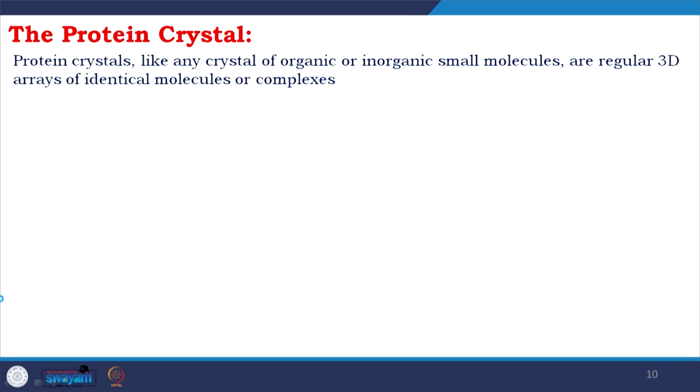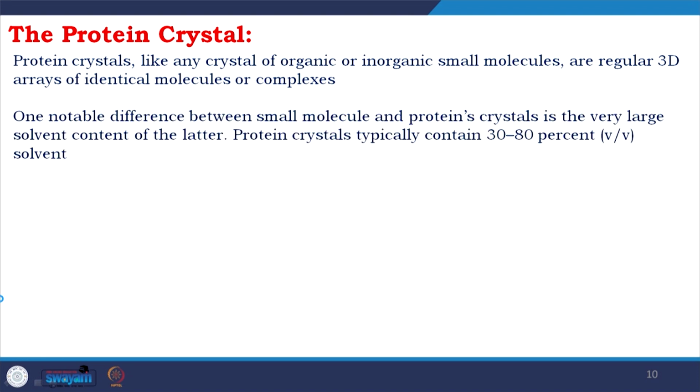Now, protein crystals, like any other crystal of organic or inorganic small molecules, are regular 3D arrays of identical molecules or complexes. One notable difference between small molecule crystals and protein crystals is the very large solvent content of the latter. Protein crystals typically contain 30 to 80% solvent by volume. So, you could imagine a crystal of sodium chloride or magnesium sulfate, which are very compact.